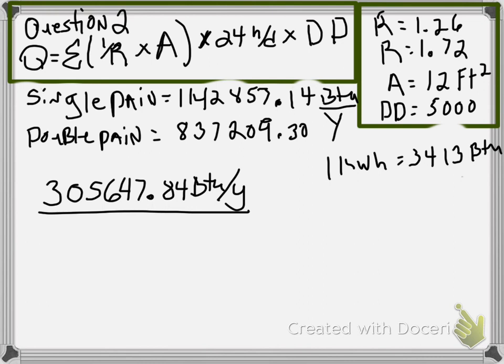So I'm going to divide my British thermal units by 3,413, and that's a BTU over 1 kilowatt hour. So BTUs are going to cross out, and I'm going to get kilowatt hours in a year.